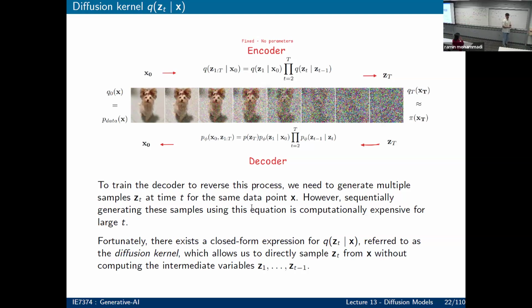Instead of explicitly going through the steps, we could have a kernel that, if I say give me the noisy version at time t equals 100, doesn't need to sequentially go through that. It just produces the image at time 100. So that becomes the idea of the diffusion kernel.